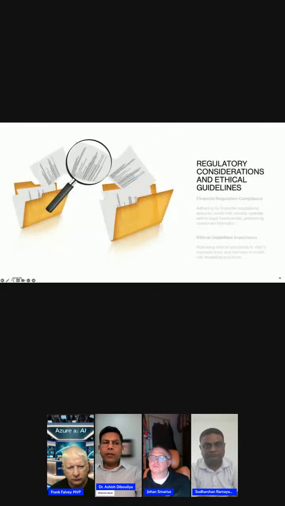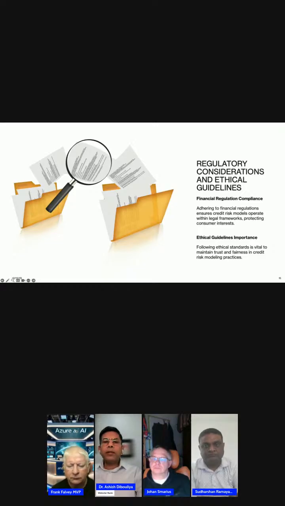Going to the next part, which is the regulatory considerations and ethical guidelines. Regulatory considerations and ethical guidelines are equally important to credit risk models in a financial institution. From the regulatory perspective, frameworks such as Basel 2 or 3 require that the credit risk models supporting PD, LGD, EAD calculations are well governed, validated, and auditable.